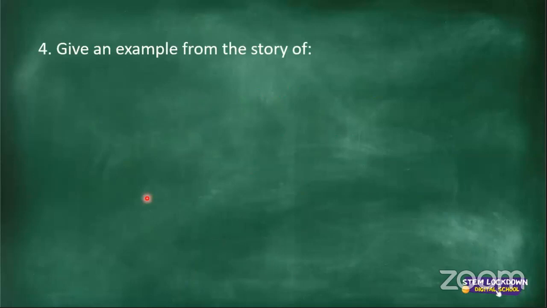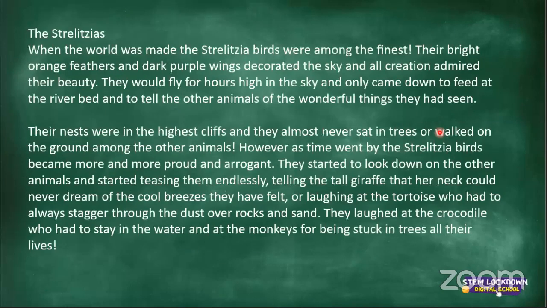Now I want you to give an example from the story of moving. I want a verb that explains moving to us. Want me to go back quickly? The story, I will. Find a word or more than one word that refers to the verb moving.